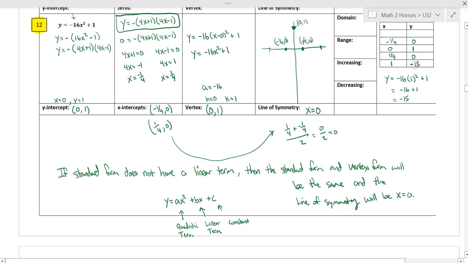So (1, negative 15). I'll put a point here, and there's going to be a matching one over here at (negative 1, negative 15). Sorry, it's not a really smooth looking graph here, but something like that.